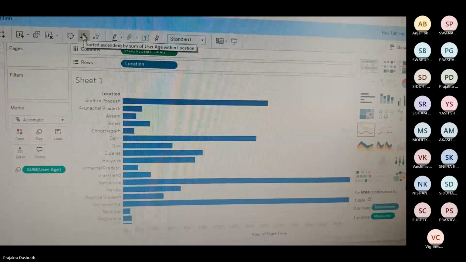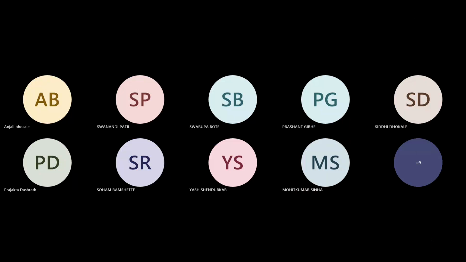Now, I have stopped presenting the screen. You are all expected to listen very carefully. I will repeat it twice. When to use area chart?